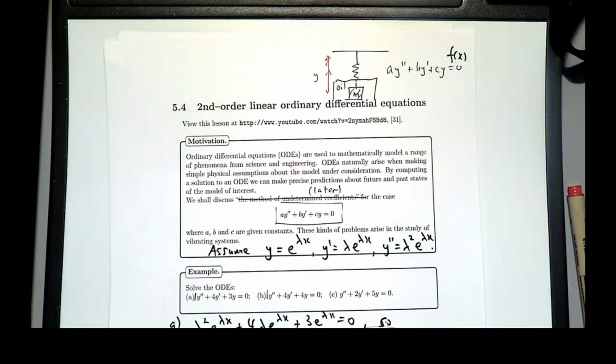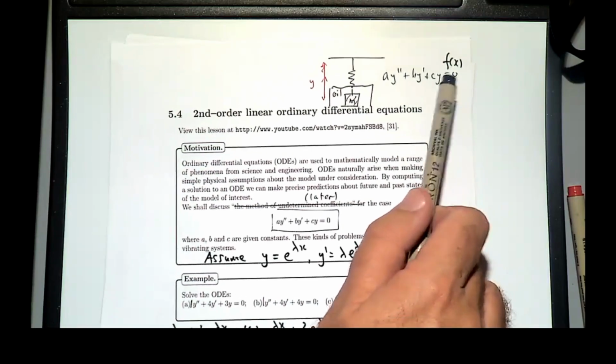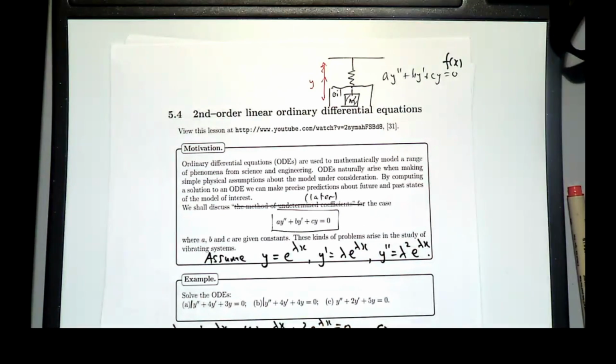Really thin oil, it's going to be able to move. And C is like a spring constant. So if C is really large, you'd expect the spring to be really stiff and it would come back in a shorter time to the equilibrium.